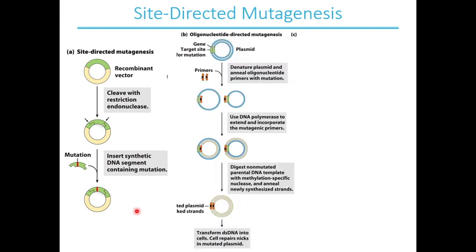In the second approach, a pair of synthetic and complementary oligonucleotides with a specific sequence change at one position can be hybridized to a circular plasmid with a cloned copy of the gene to be altered.